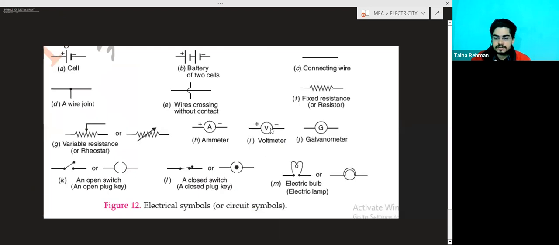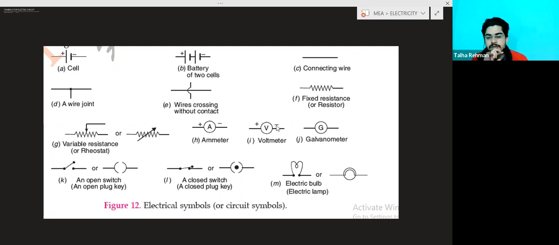So copy these symbols. Believe me, these symbols are very important from the exam point of view also, because when you solve a circuit, these symbols will be there. With the help of these symbols, you will understand whether this is a switch, an ammeter, a battery, or a resistance or whatever. Copy this.